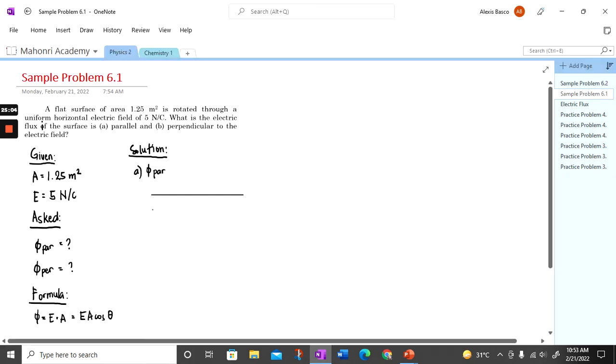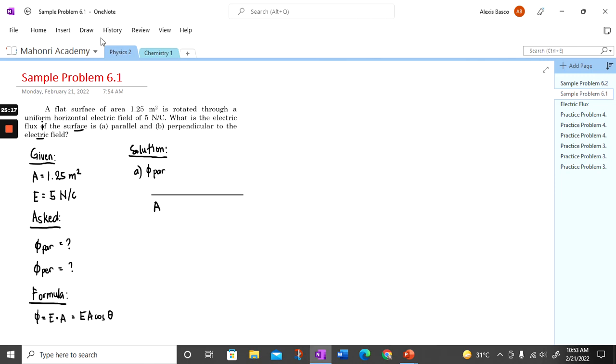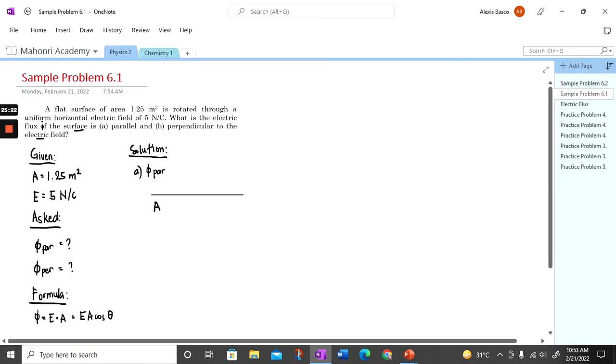So this is my surface, right? That's my flat surface. And then I know that this surface is parallel to the electric field. So meaning the direction of my electric field is basically going parallel.